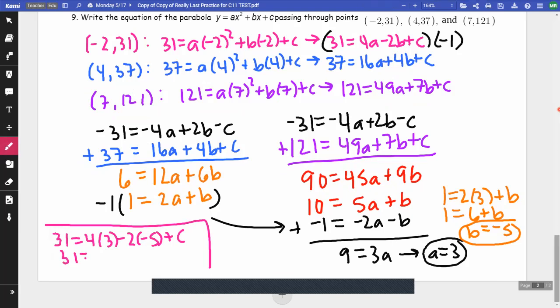So 31 is equal to 12 plus 10 plus c. So 31 is equal to 22 plus c. So c is going to be equal to 9.